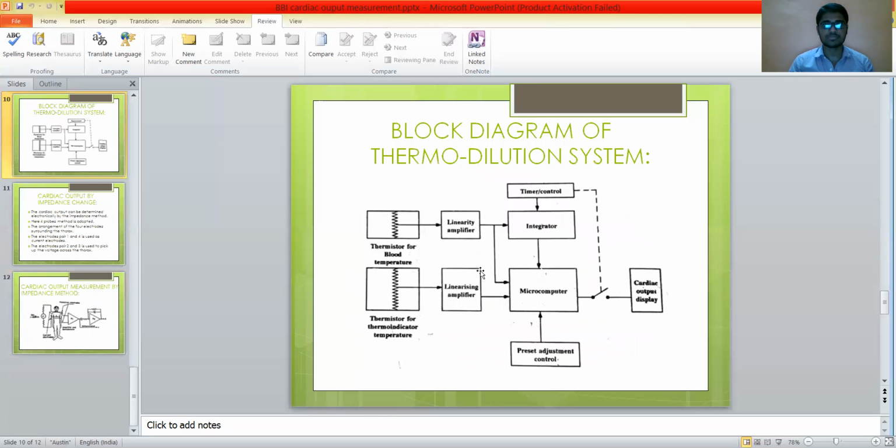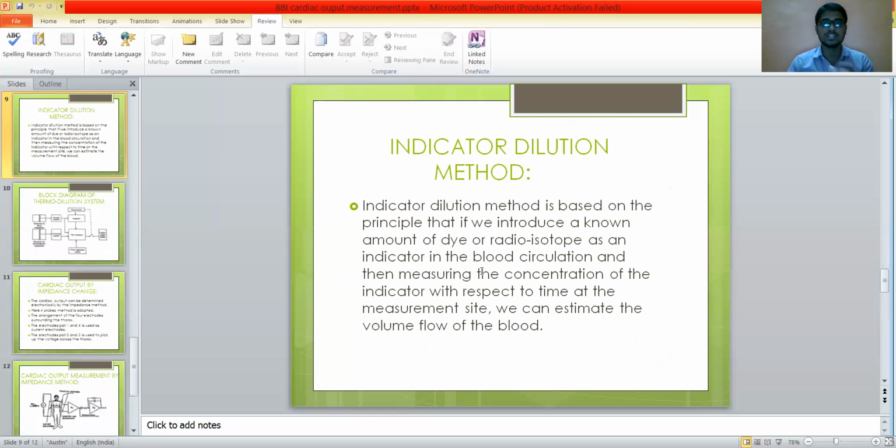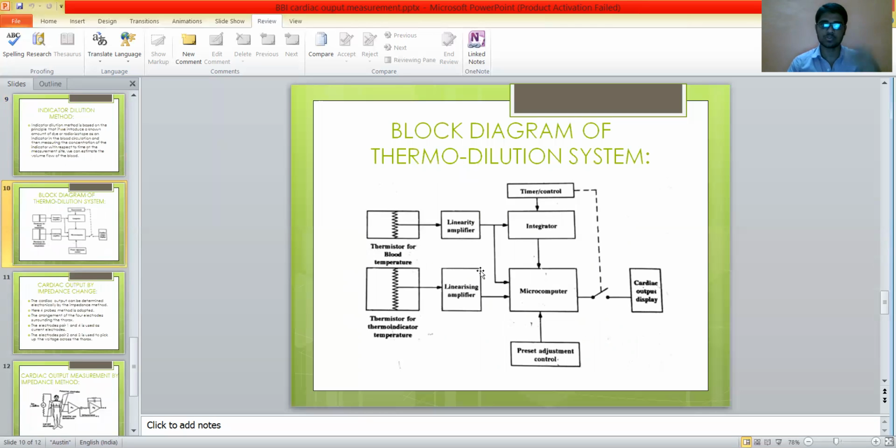Here we have an indicator; we can put some amount of dye or radioisotope in human blood and measure it.